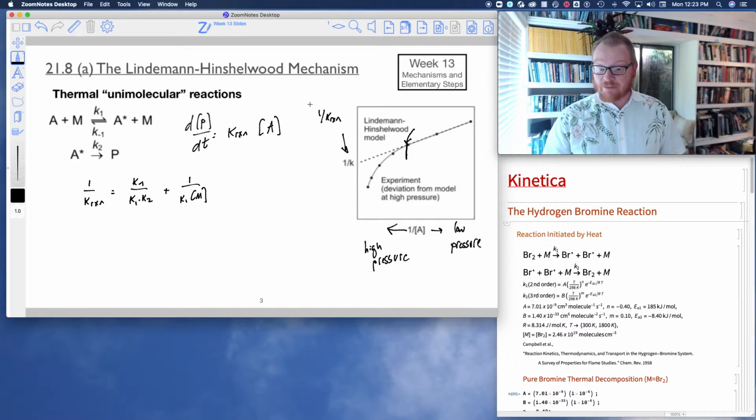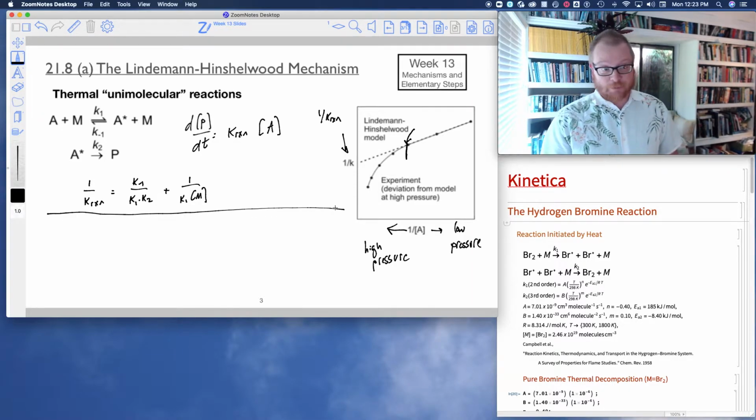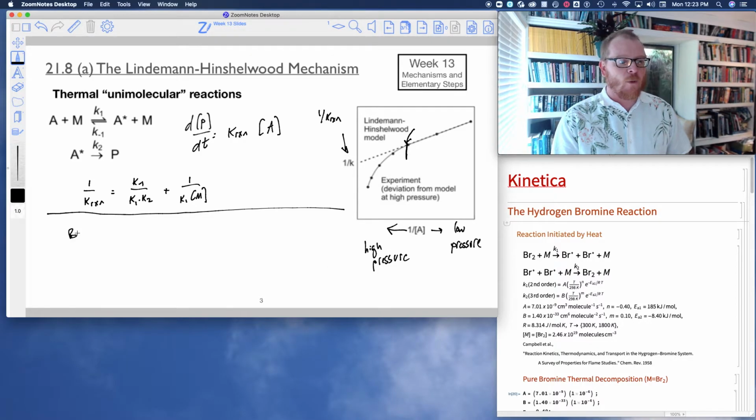Back to my bromine model. What I want to point out is this is very, very similar to the Lindemann-Hinshelwood mechanism. Here on this mechanism, I'm looking at bromine undergoing thermal decomposition into a Br radical plus a Br radical.